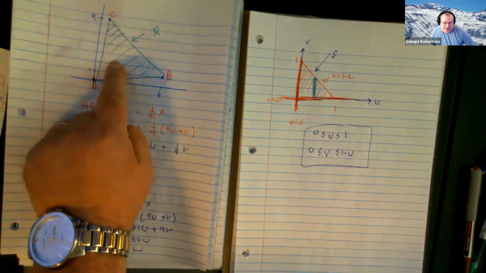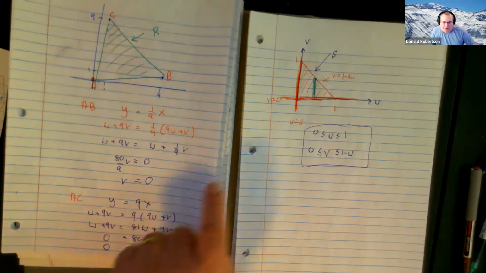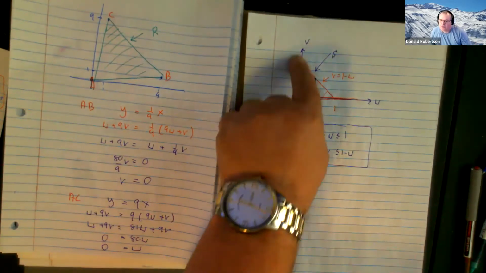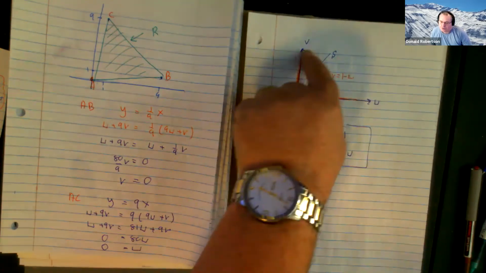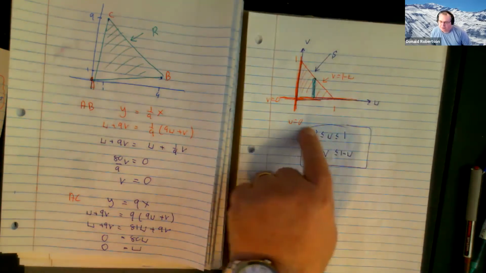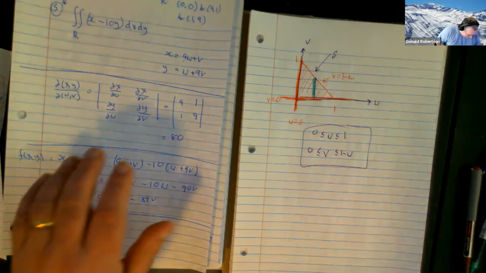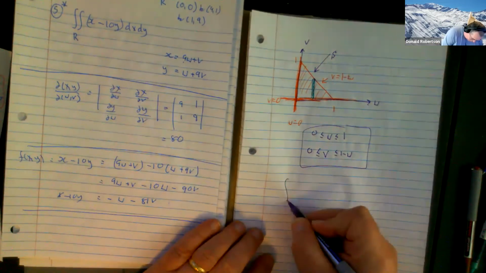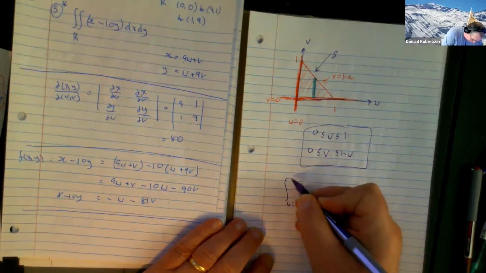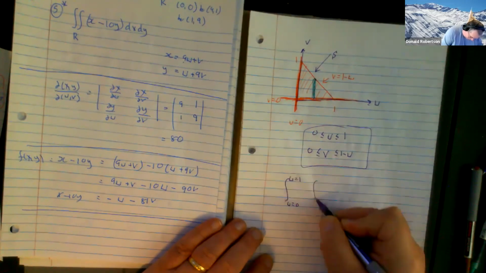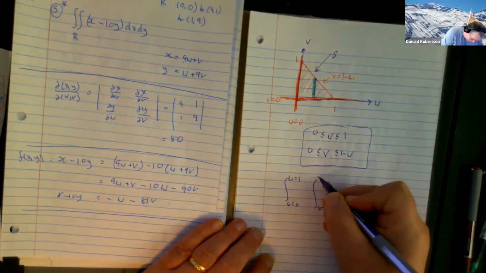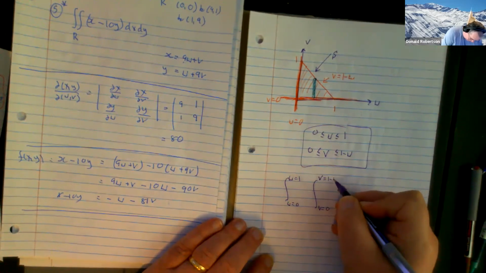So from this triangle, we found out what the three sides were in u and v. We now have a new region in uv space, which gives me these limits of integration. So when I put the whole package together, it's going to be from u equals 0 to u equals 1, from v equals 0 to v equals 1 minus u.